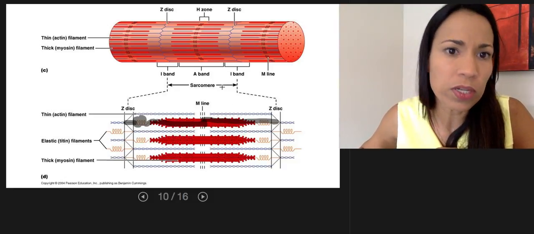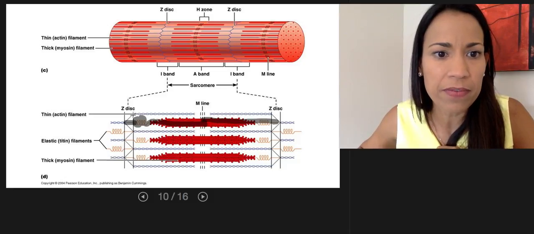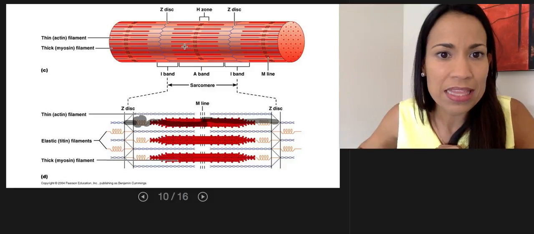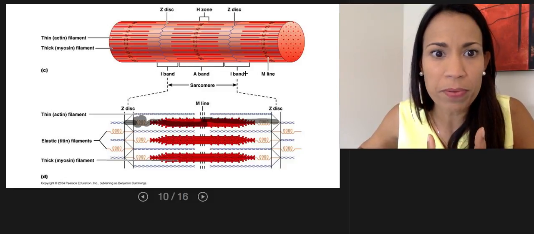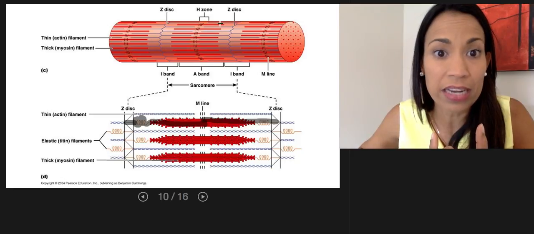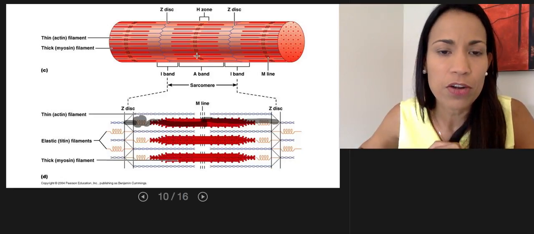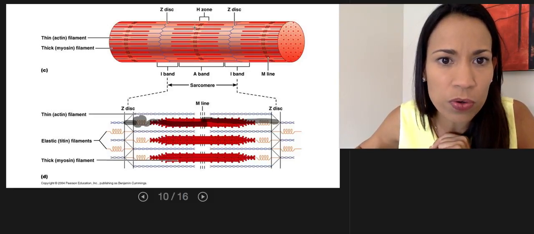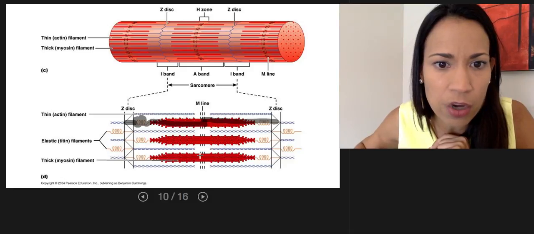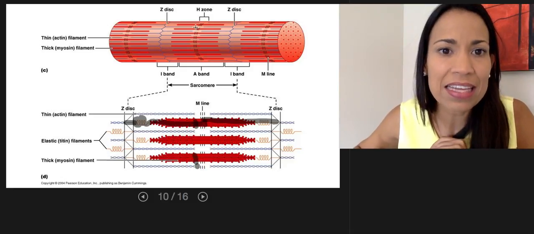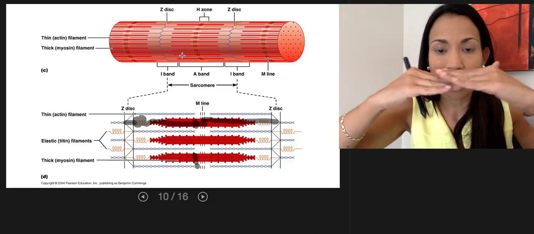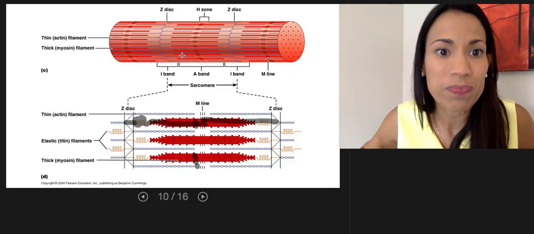What else can we see in here? Well, the rest of the elements, the thin or actin filaments from the Z line, stop before reaching the M line on either side. So in that way, we create the two different bands, the A band containing thick filaments and thin filaments. Remember that we have three components: the M line in the middle, the H zone on either side, which is this area containing only the thick filaments, and lateral to that, the zone of overlap, where the thin and thick filaments are close together and overlapping.